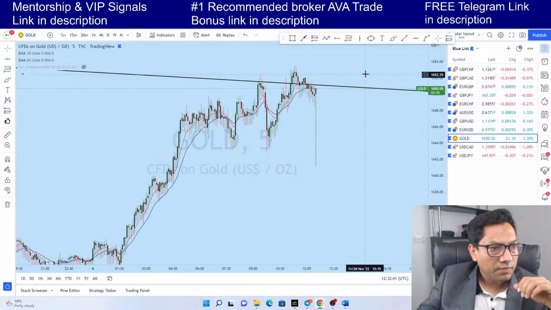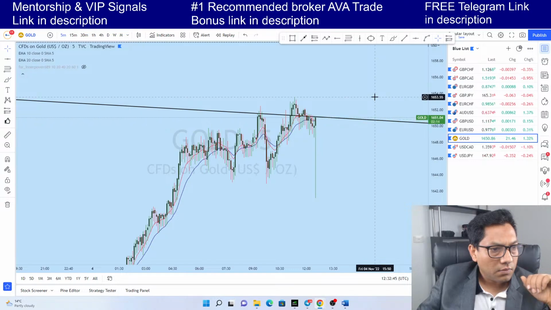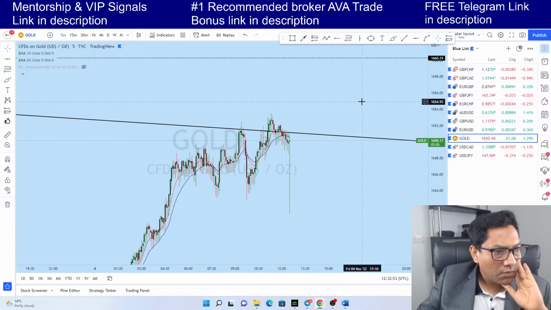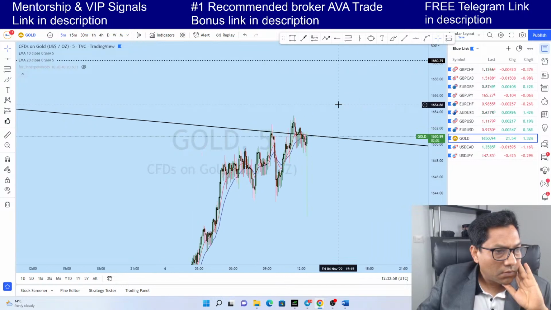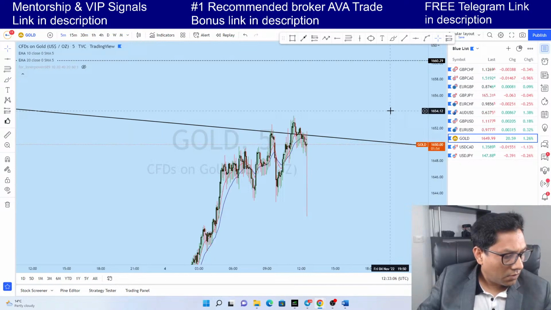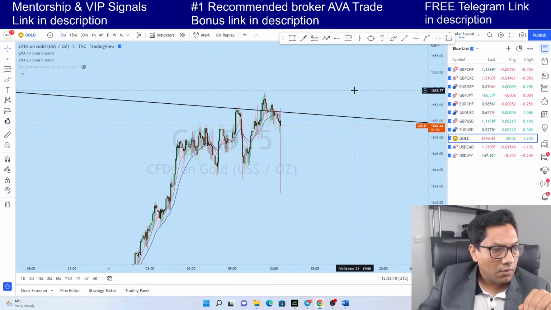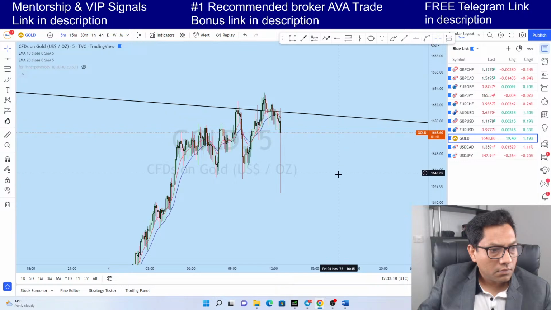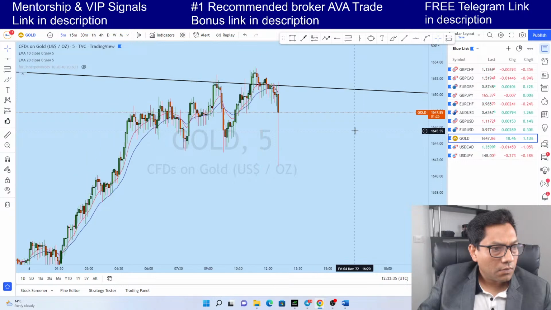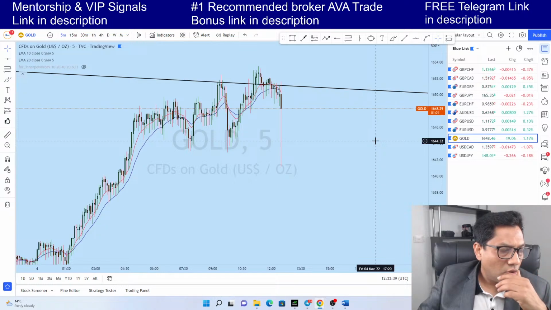It is going to the upside. Looks like, as I expected, the dollar is getting stronger.